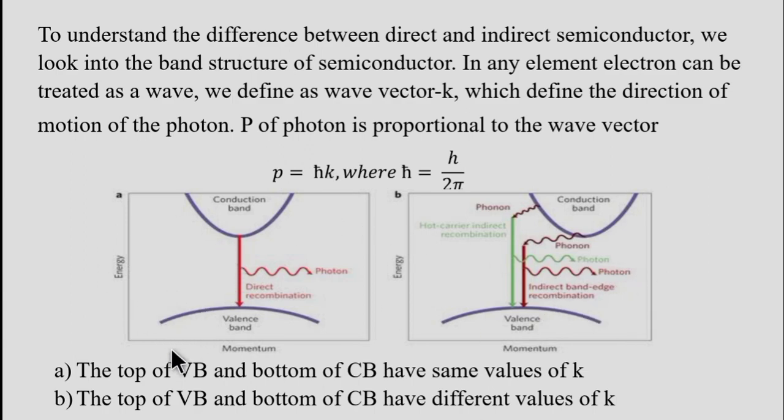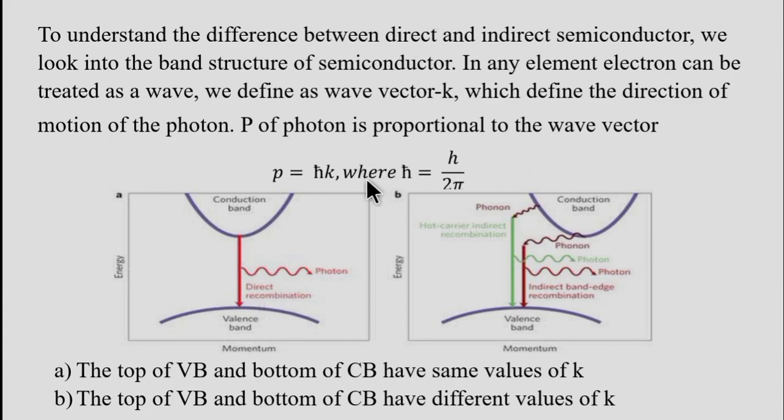Now here the top of the valence band and the bottom of the conduction band have the same value of k. This is the energy momentum diagram. The top of the valence band has some value of k, the wave vector, and the bottom of the conduction band has the same value.